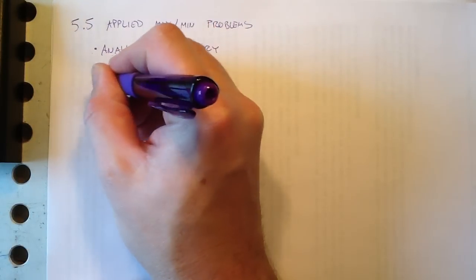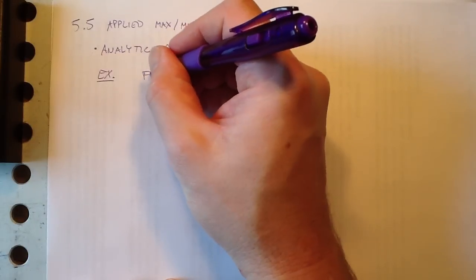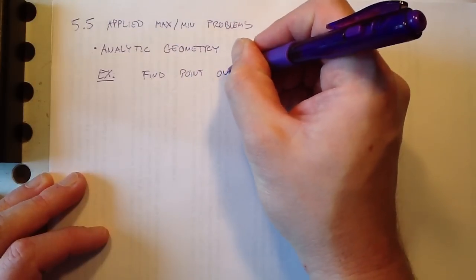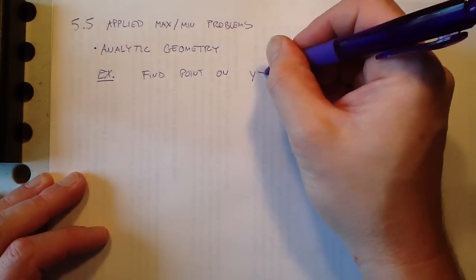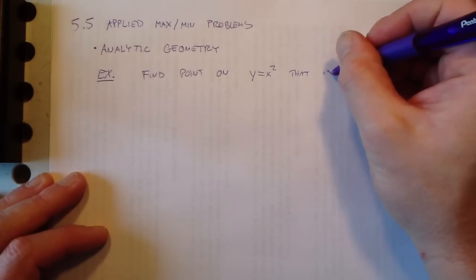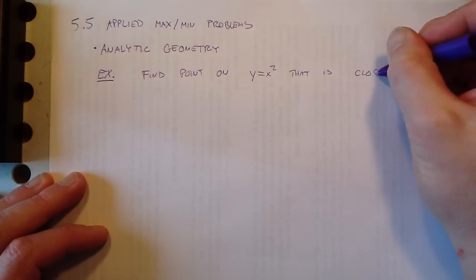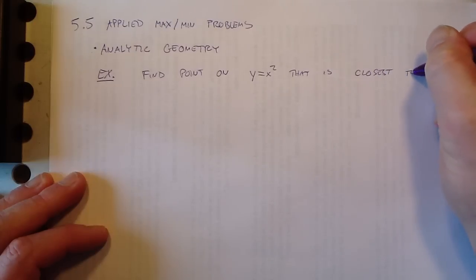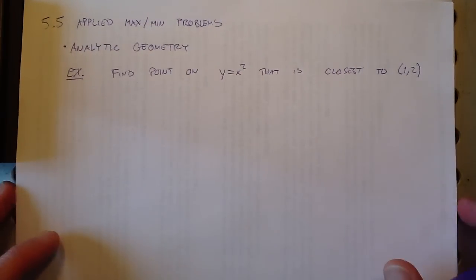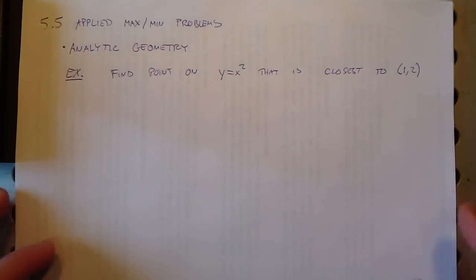First example, let's find the point on the parabola y equals x squared that is closest to the point 1, 2. Closest to the point 1, 2.